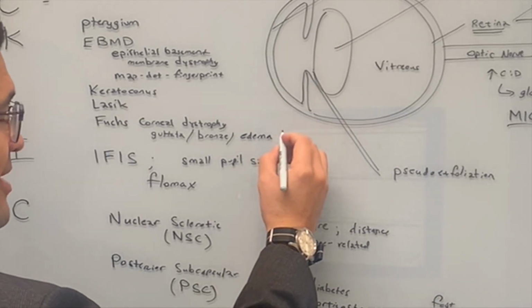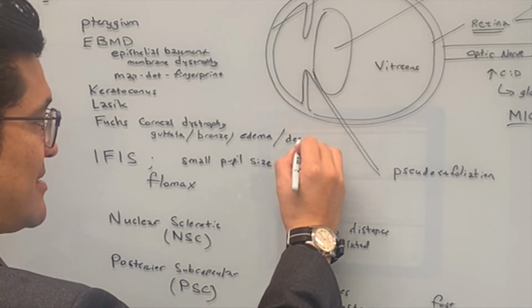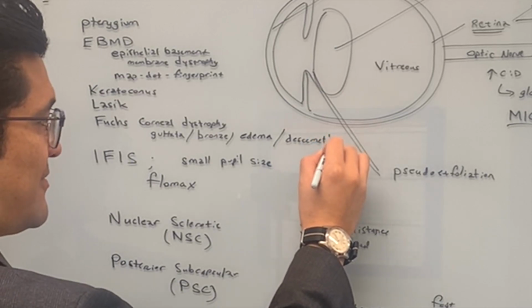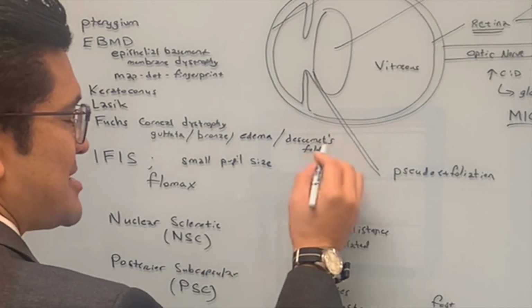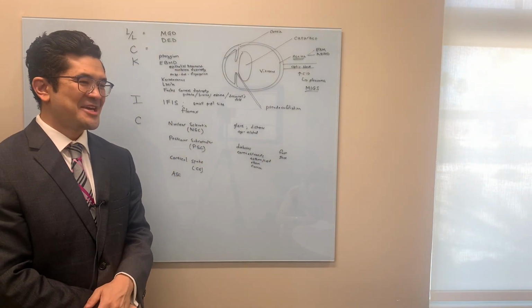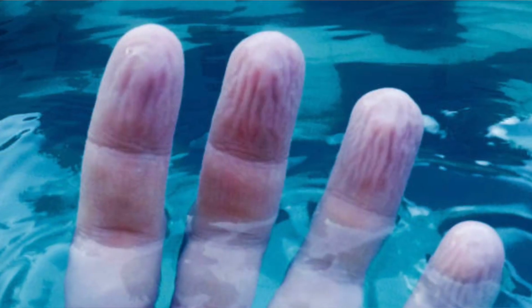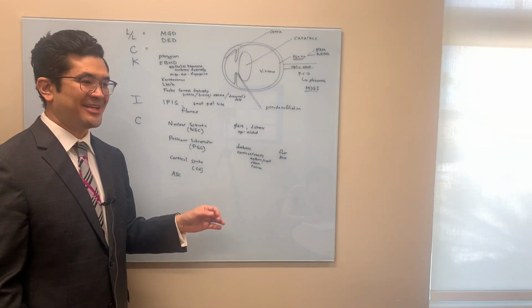You'll see me write things like corneal folds or Descemet's folds. It's so swollen that the Descemet's membrane looks wrinkly, literally wrinkled, almost like when you go in the swimming pool too long and your fingertips look wrinkly. That's what we'll see with the swollen cornea.